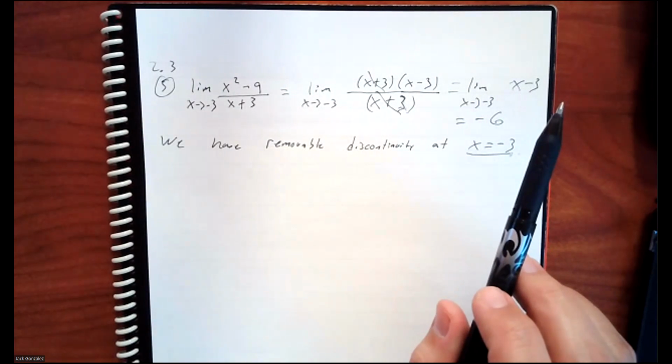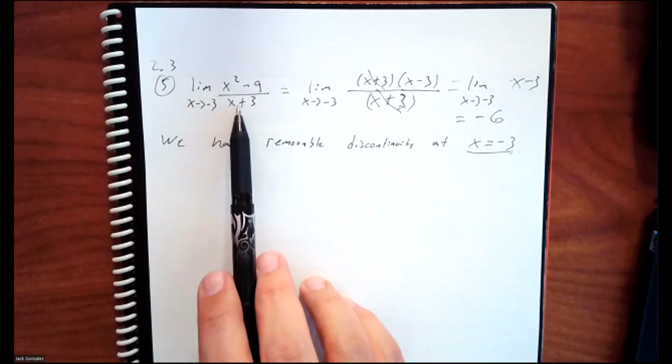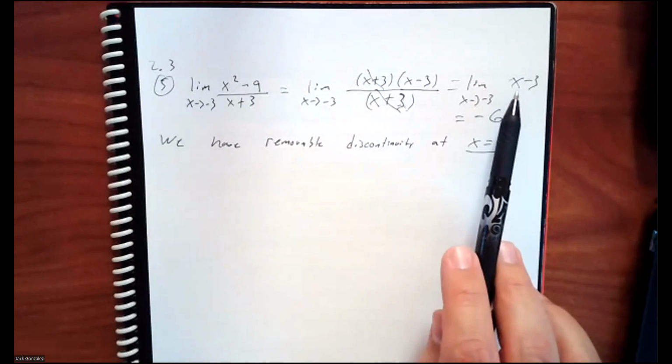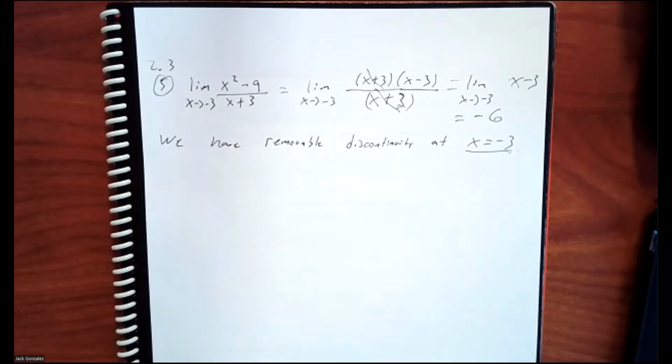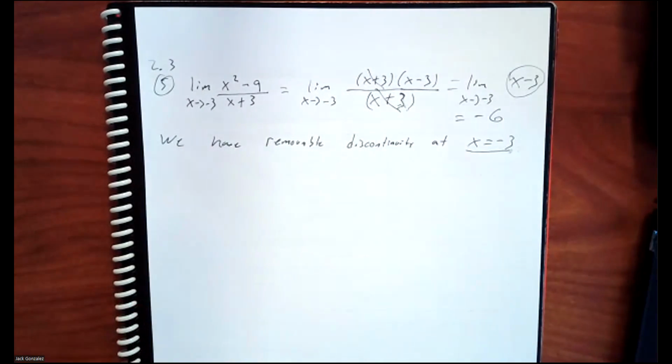But we don't plug it in unless we're able to. At the beginning, we were not able to. So we factored. We got left with this. The simpler function would be the one that doesn't cancel out, right? Yeah, this leftover part right here is the simplified version, or the simpler function. You're right.